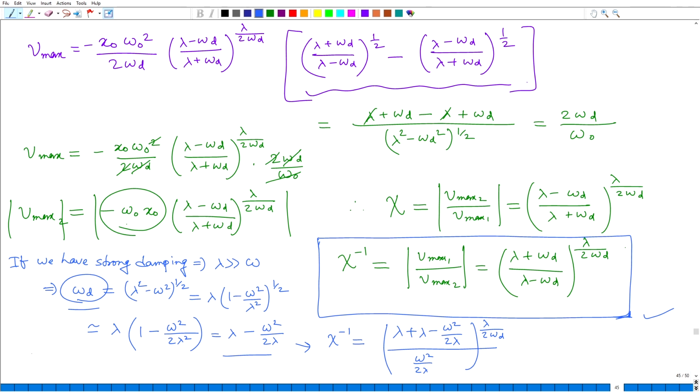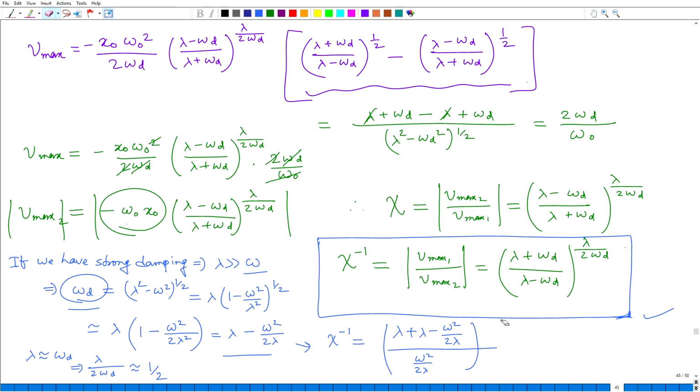That will be simply pretty close to half, because when omega is very small, I can write lambda is almost equal to lambda omega d. So, I can actually write lambda by 2 omega d almost half.